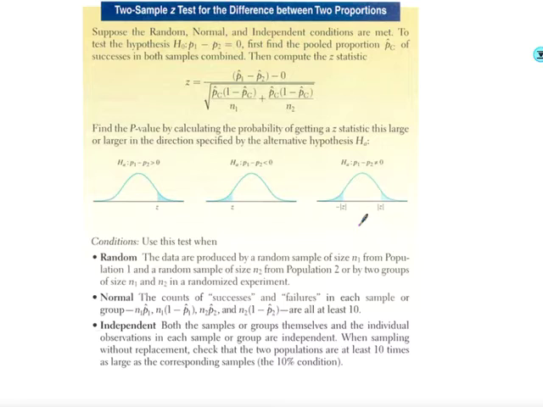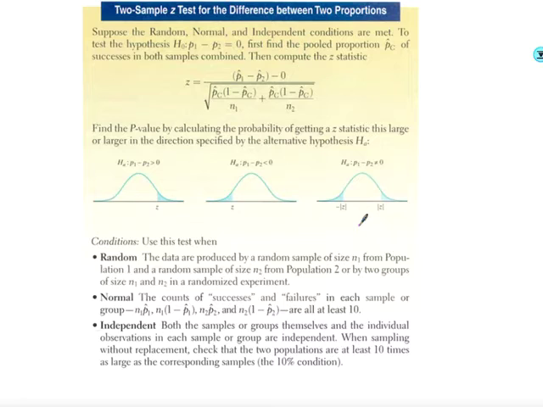Conditions that you need to do. You use this test when you have random, so the data are produced by a random sample of size n1 from population 1 and a random sample of size n2 from population 2, or by two groups of size n1 and size n2 in a randomized experiment.